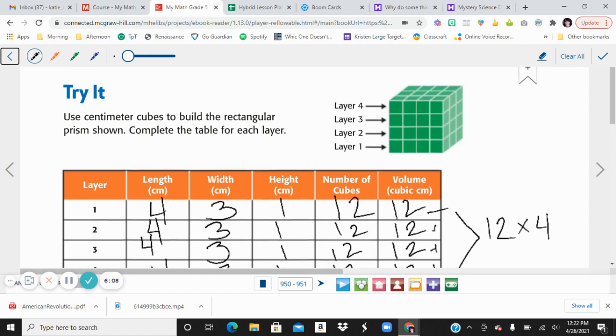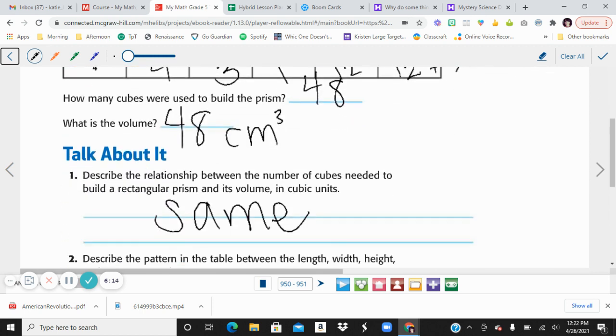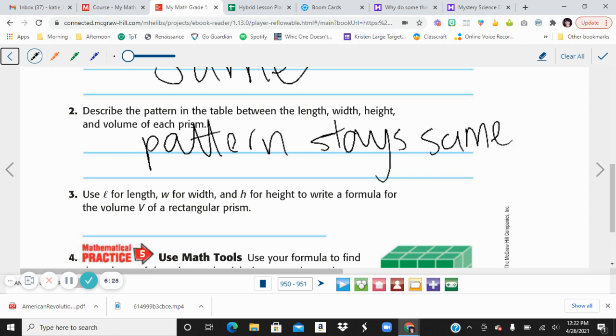It's a rectangular prism, and so it stays the same. We're doing 4 times 3 times 1 on each level.